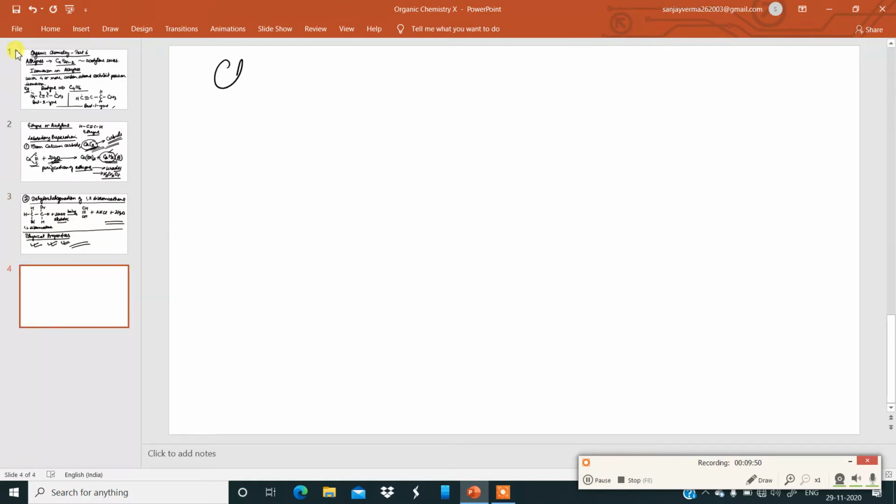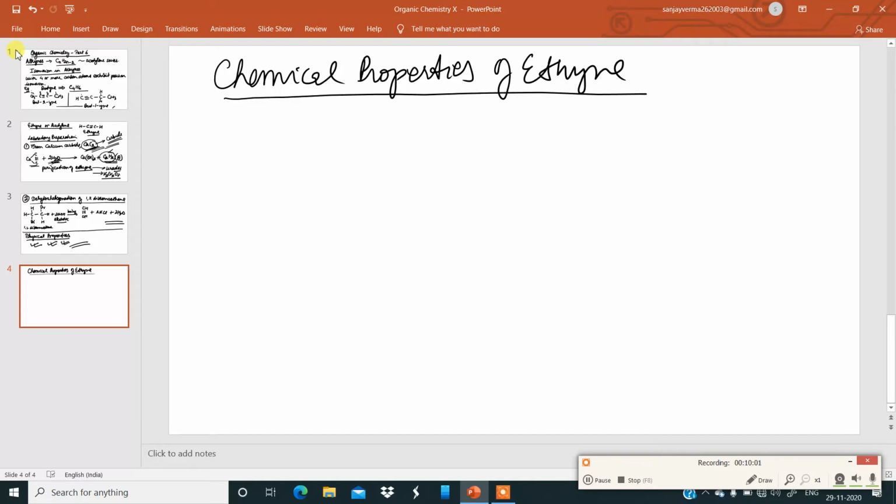Then, moving on to the chemical properties of ethyne. The first one is combustion. A burning of ethyne in air.